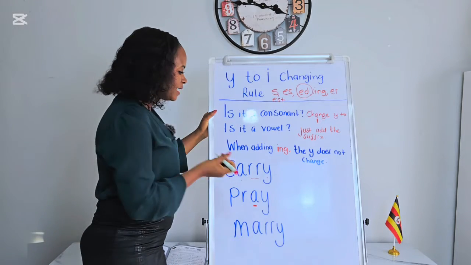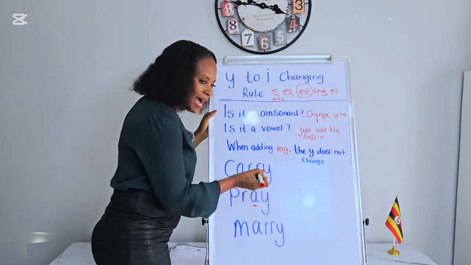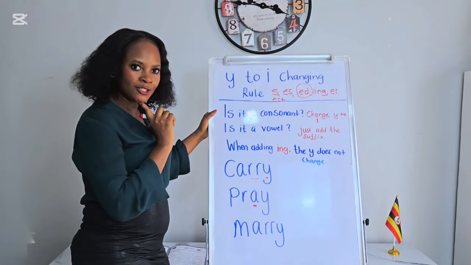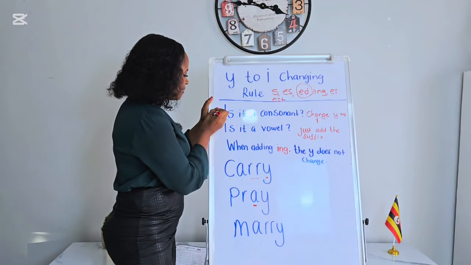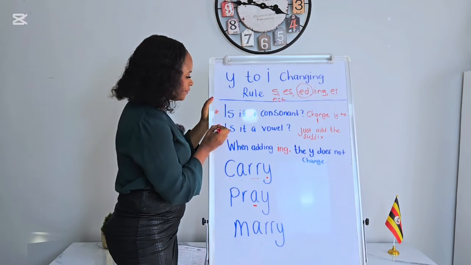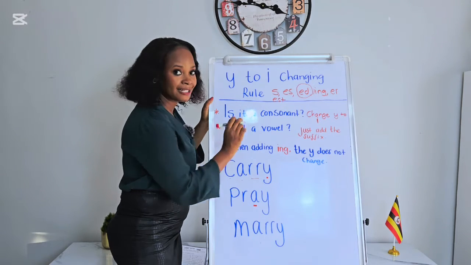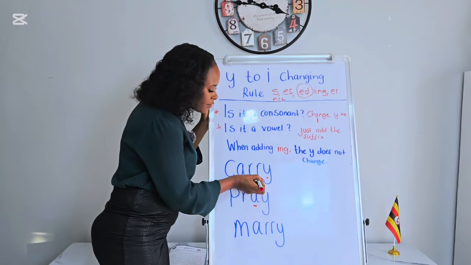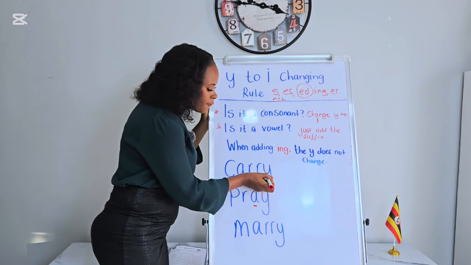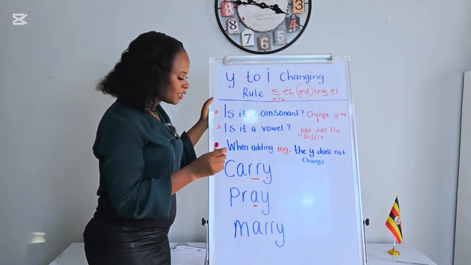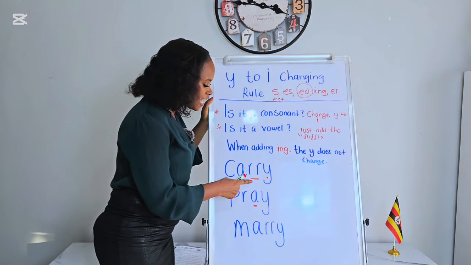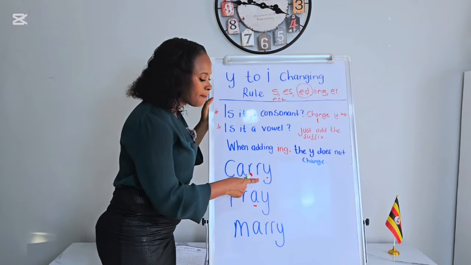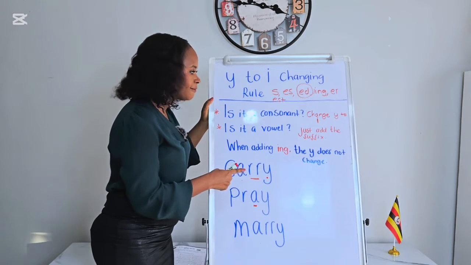We have a problem. The word ends in Y. What should we do? Okay, let's make good use of these rules. Is it a consonant? What are they talking about? They are talking about the letter before the Y at the end. So every time you have to pay attention to the letter before the Y at the end.